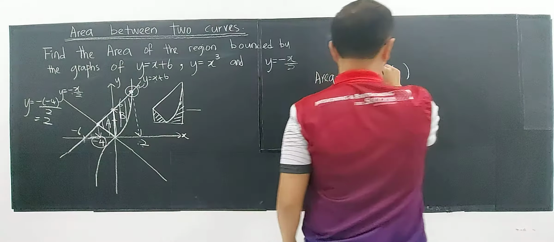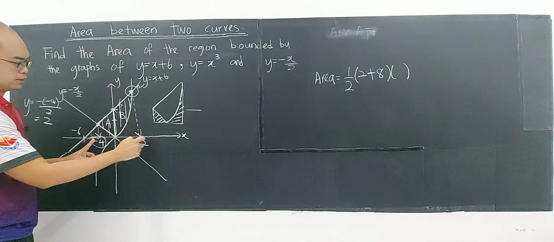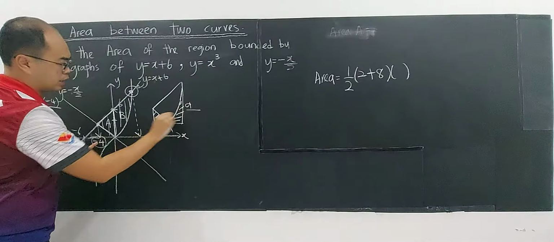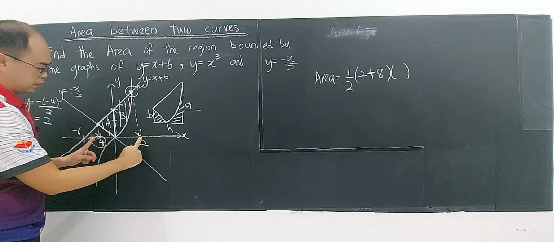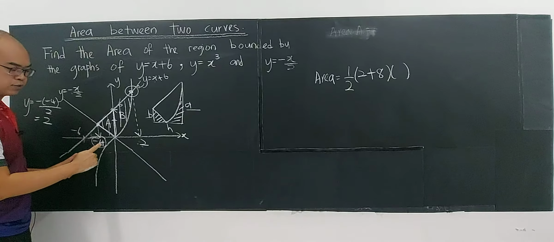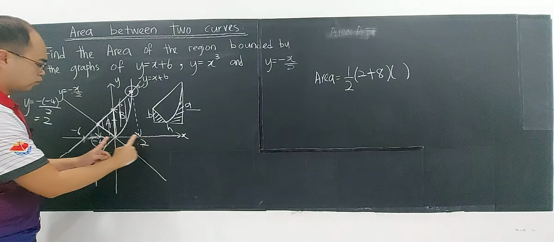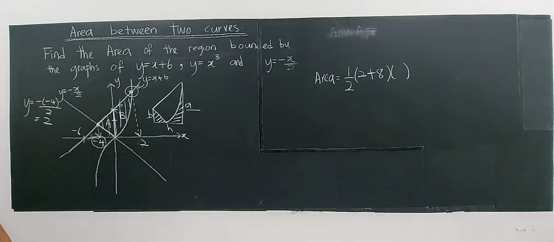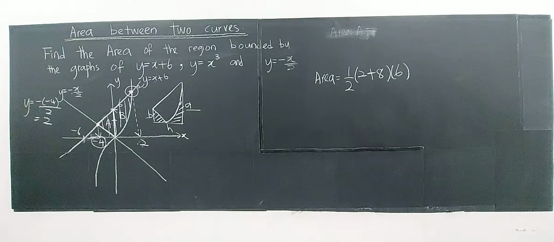So 2 plus 8, multiplied with the height h, which is 2 minus -4, the length is 2 plus 4, so we have 6.